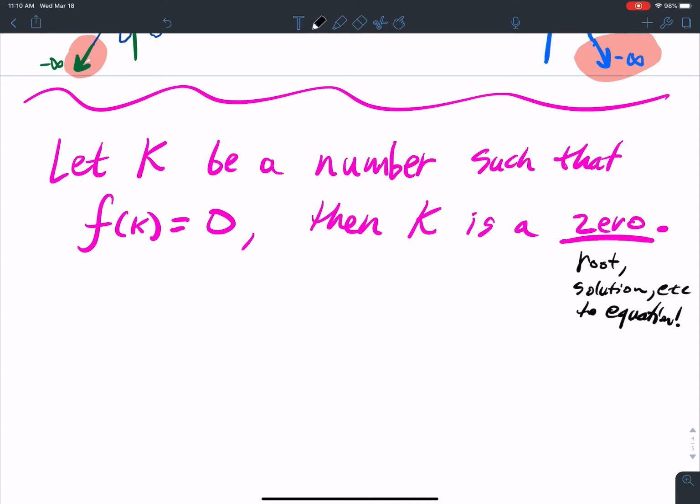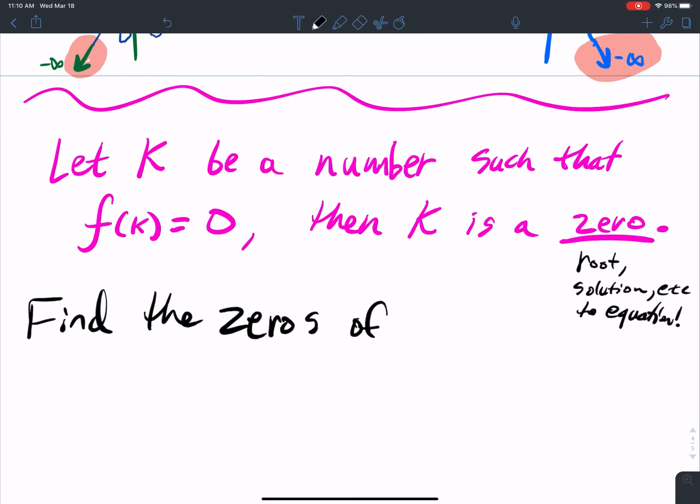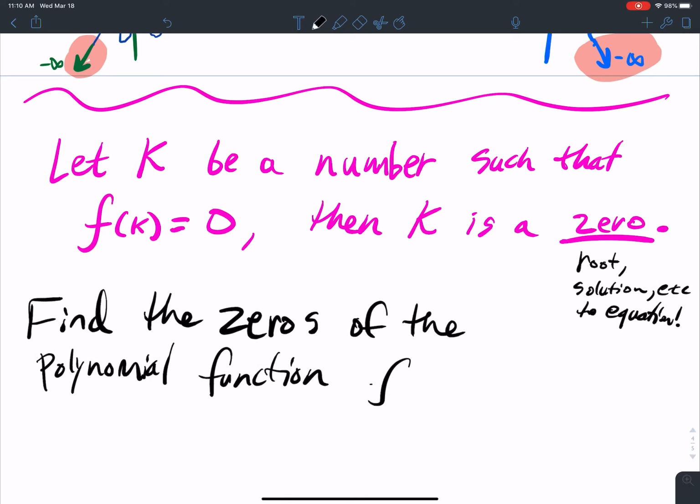Okay, so I want you to find the zeros of the polynomial function f of x equals x cubed plus 3x squared minus x minus 3.